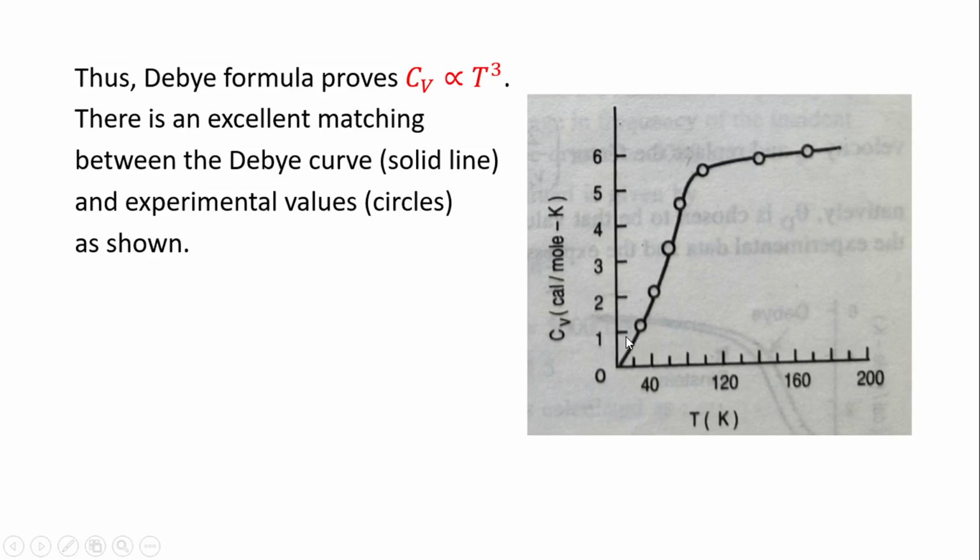So in this way we studied three different theories, that is number 1 classical theory, number 2 Einstein's theory based upon Planck's quantum theory, and number 3 Debye theory. It has been observed that according to classical theory, the specific heat of a solid is totally independent of temperature and it is constant, that is equal to 3R, at all temperatures.